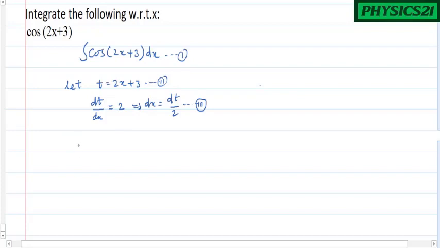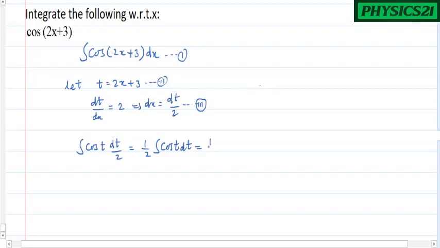So we get integration cos t divided by 2, with the 1 by 2 outside the integration. There is integration cos t dt.